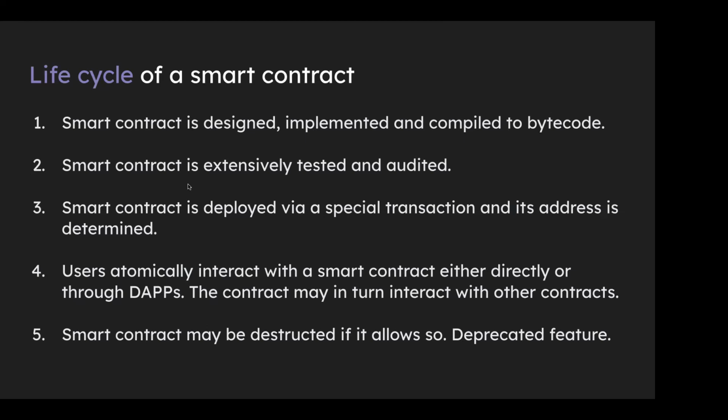Number two, smart contracts are extensively tested and audited. In the world of Ethereum, it is super important to write tests for the smart contract, to do a lot of review, and to have an external audit of the application you are implementing.